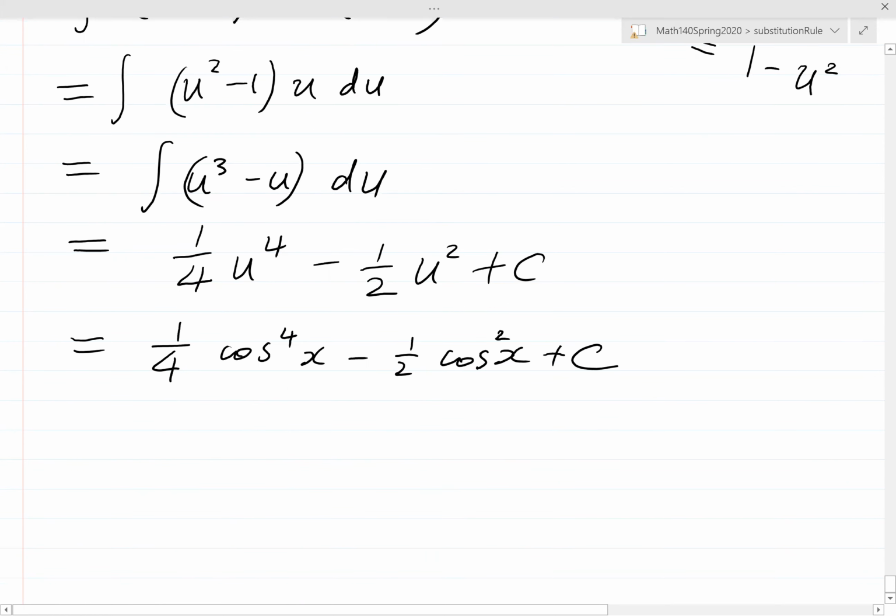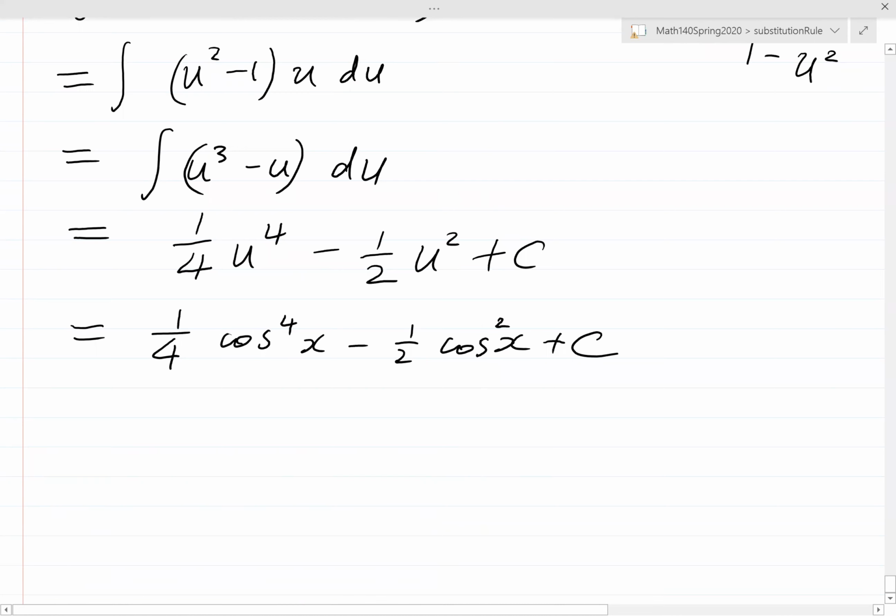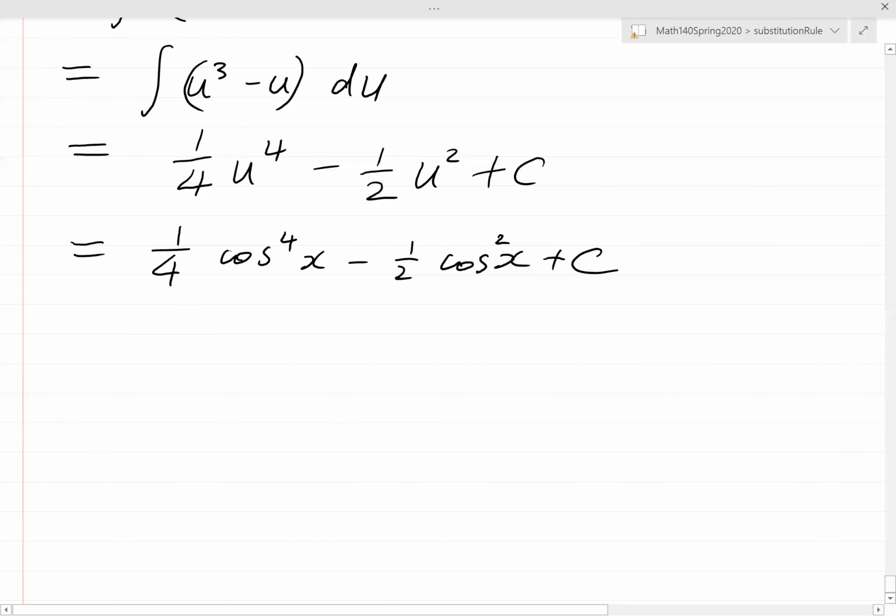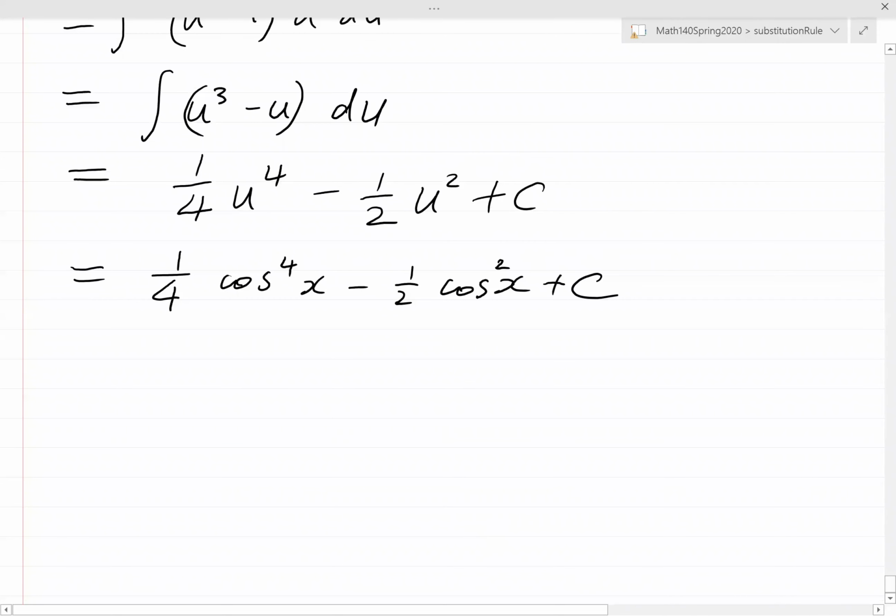Remember, an antiderivative is only determined up to a constant, so it's okay if we get different answers up to a constant. More examples.